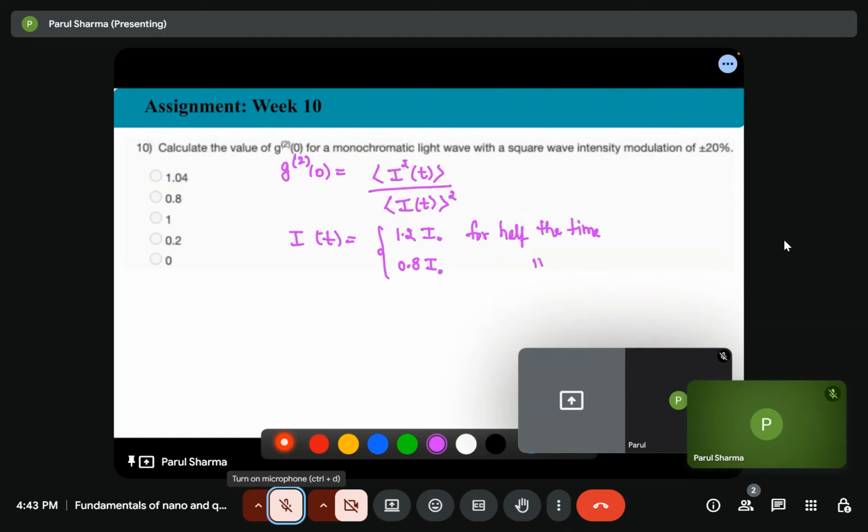Okay, so how can we now write I(t)? It is equal to 1.2 I naught plus 0.8 I naught, by 2. That will give me the value of I(t).